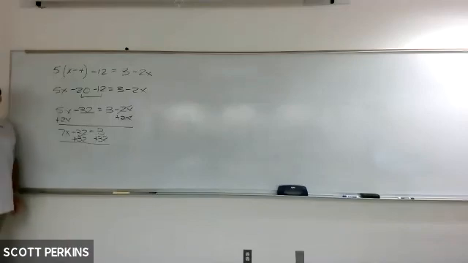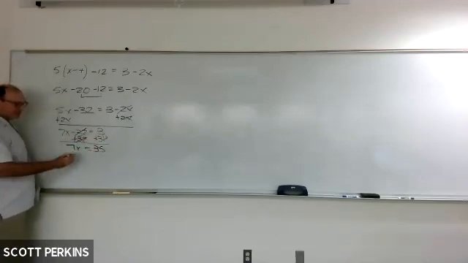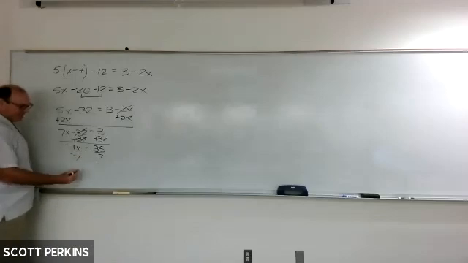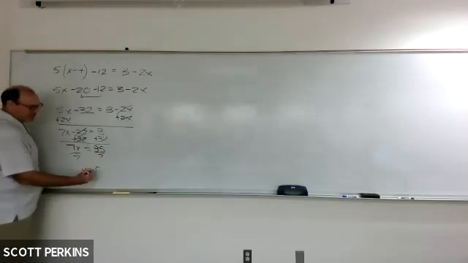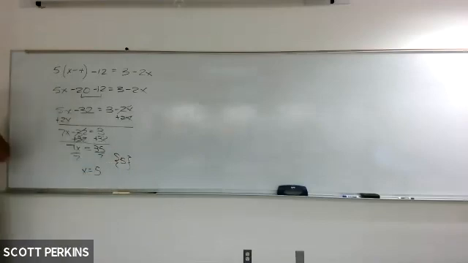Whatever the opposite of the sign is, we do that. This started out as a -32, so I added 32 to get that to cancel. So I have 7x, the 32's cancel. 3 plus 32 is 35. Divide both sides by 7, and 35 divided by 7 is 5. So there is my solution set, the set with 5 in it.